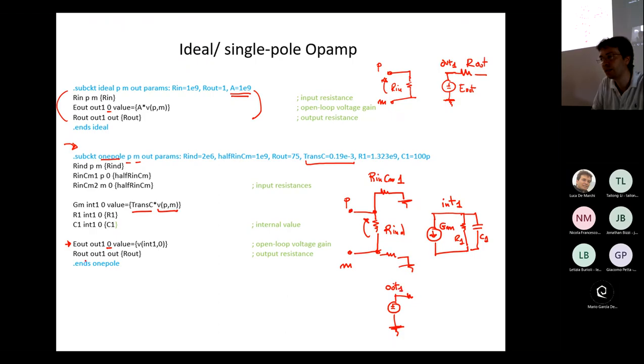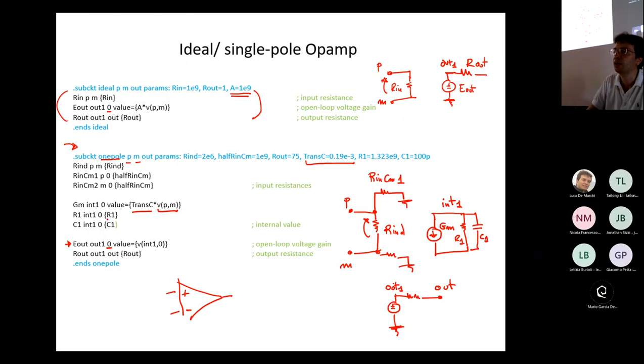Then we have the output resistor, and finally the output node. Okay, so this is what we are placing in this symbol. We are drawing this with this netlist description.